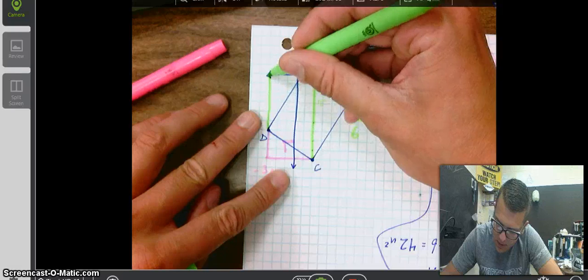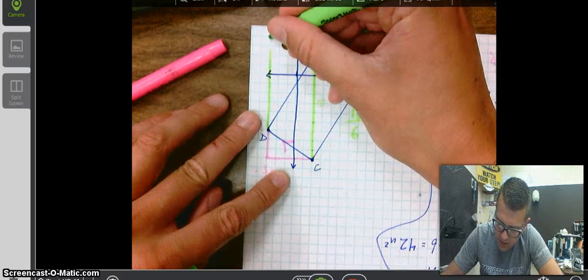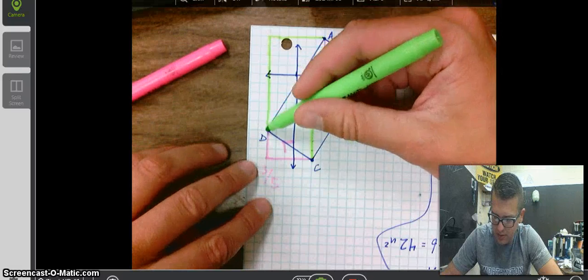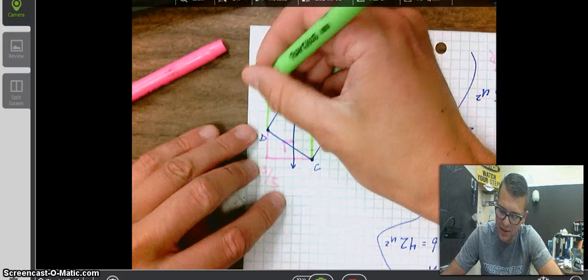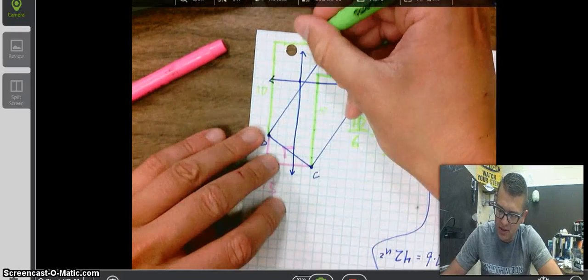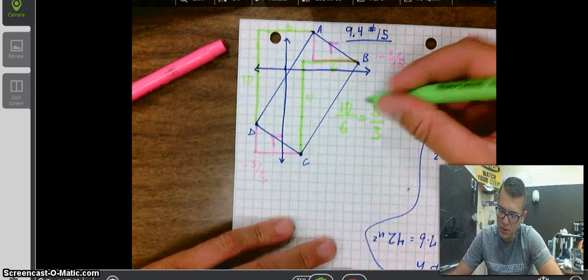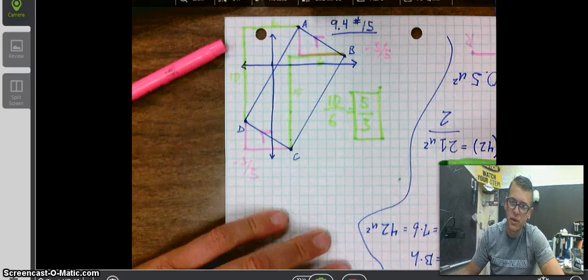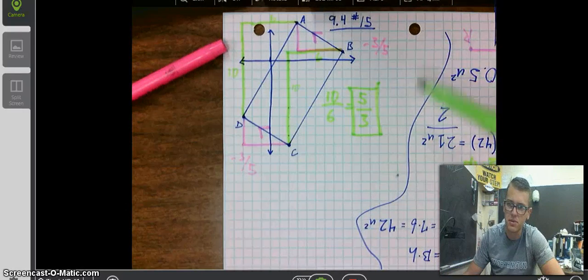D is going to come up and then over. So we see how far did it come up? 1, 2, 3, 4, 5, 6, 7, 8, 9, 10. That's good. And it went over 1, 2, 3, 4, 5, 6. Same as my line CB. So what we see here with this slope being 5/3 compared to the slope of -3/5 is that they are opposite reciprocals.